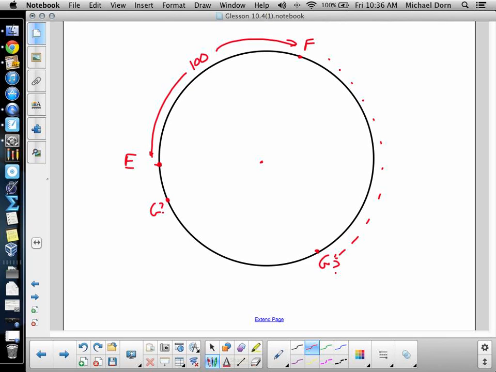But we are then told, the next thing, that arc EFG is 220. So EFG, if we go around this way, if this is 120, then EFG is 220. If we put G this way, then EFG would actually be 340. So this must be my G. Okay, G can't be there. So G must be there, and that's 120.